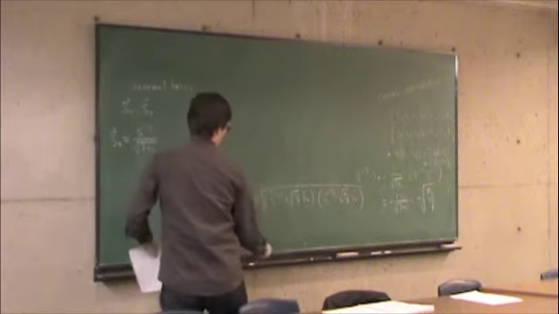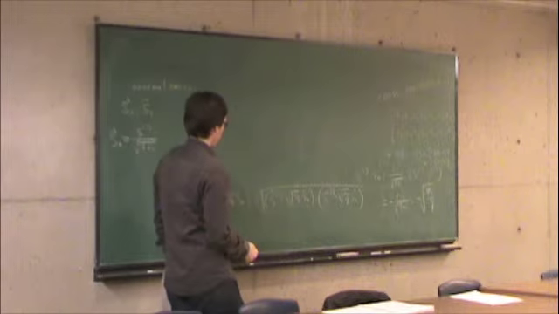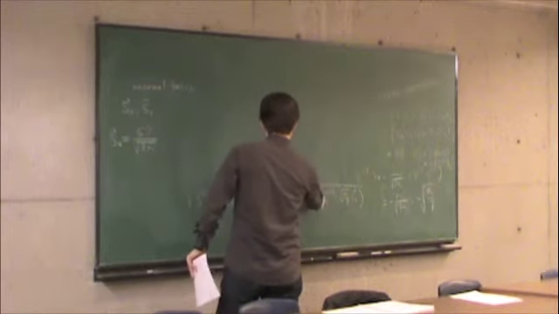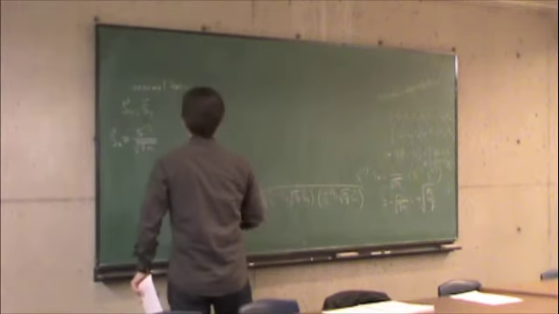What I need to do now is notice that dot product works like multiplication, so I can distribute this multiplication over the addition.